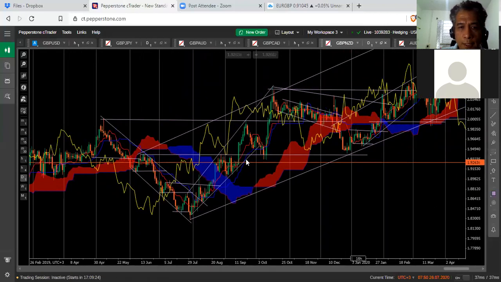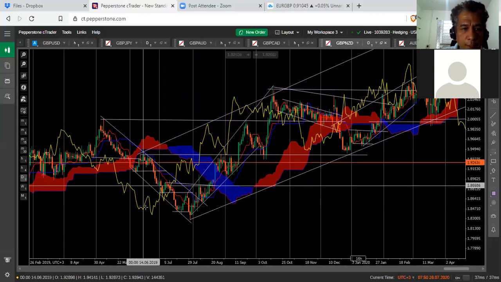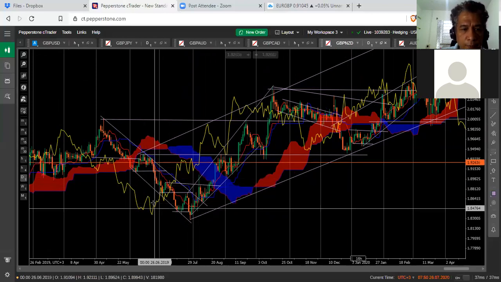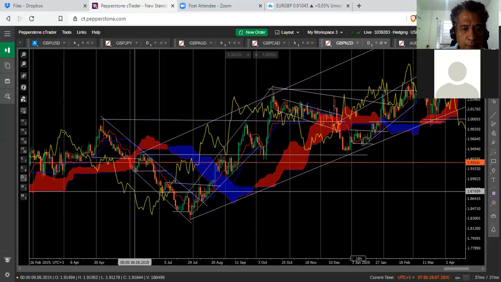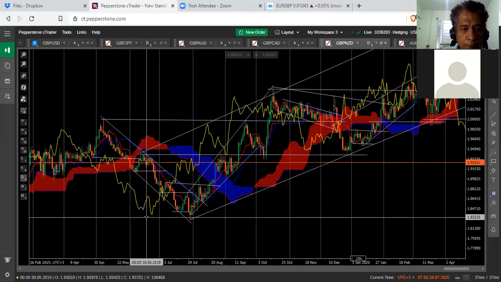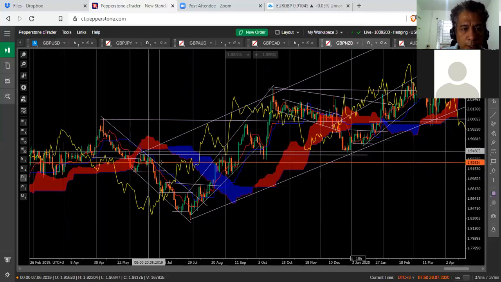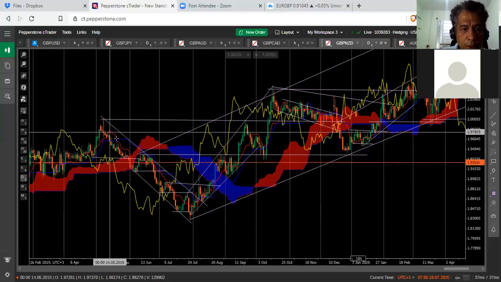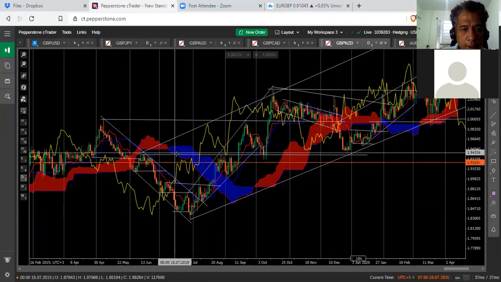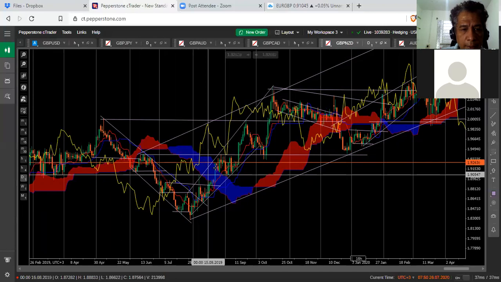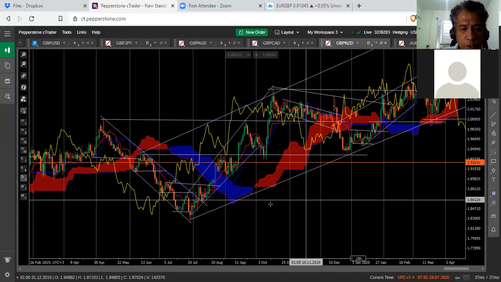Ichimoku is telling us that in this area the momentum has weakened, because this is the Chikou line, right? This is the Kijun. This is the Tenkan. This is Span A. This is Span B. So it tells a different story.